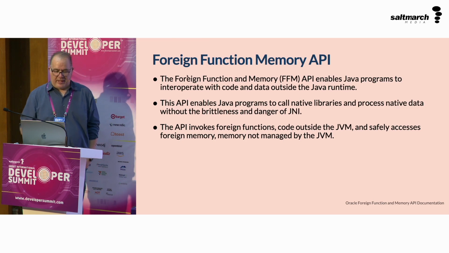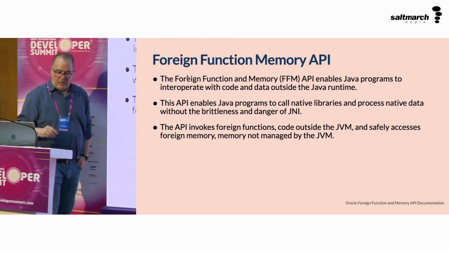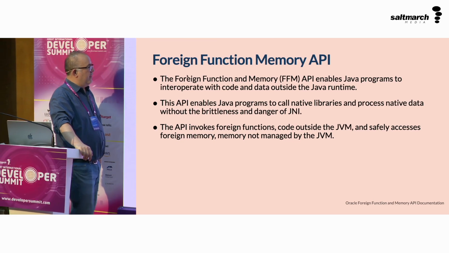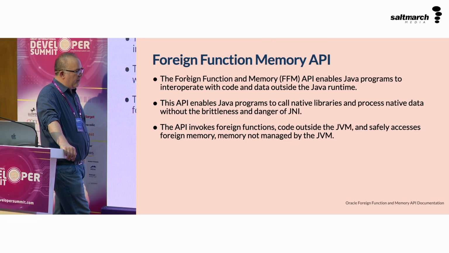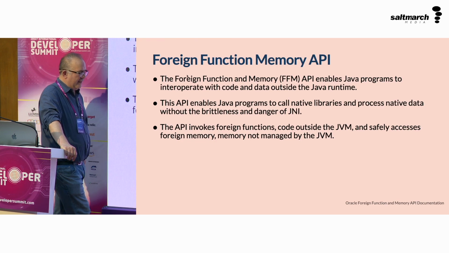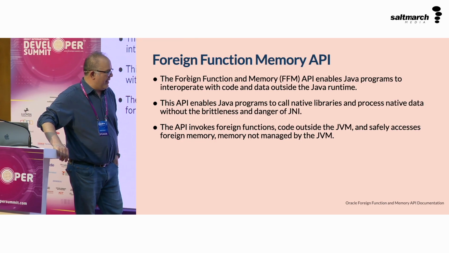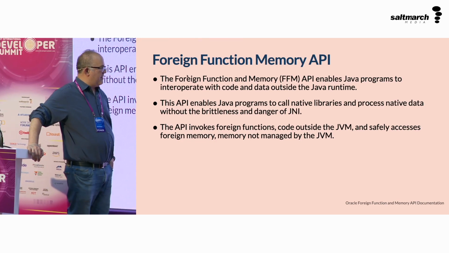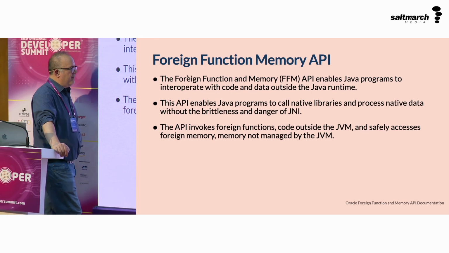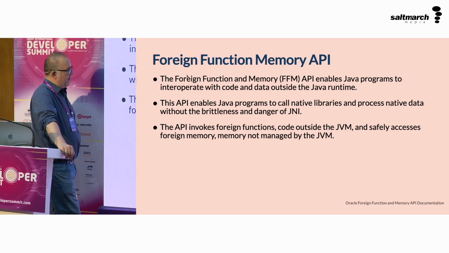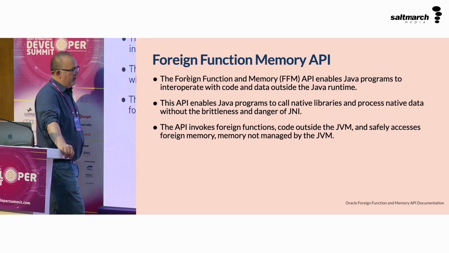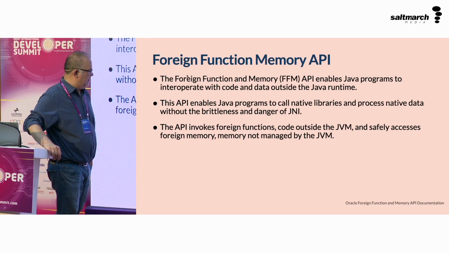And we could process the native data without the brittleness or the danger of JNI. So things like overrunning memory, things like calling things that do or don't exist. There's a lot of safety now with the FFM, or the foreign function memory API, that JNI did not have.